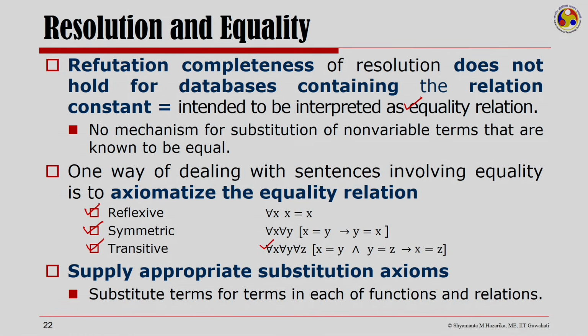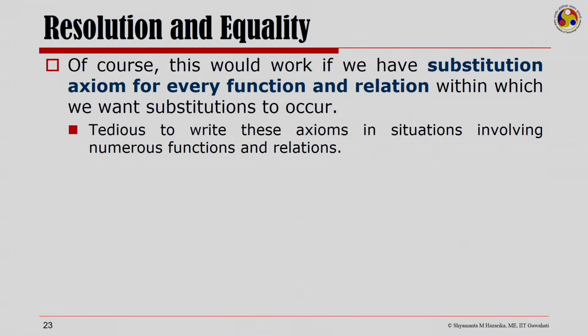Another way to have refutation completeness of databases containing the equality relation is to supply appropriate substitution axioms, which could substitute terms for terms in each of the functions and relations. This would work if we have substitution axioms for every function and relation within which we want substitutions to occur, but it would be tedious to write these axioms.